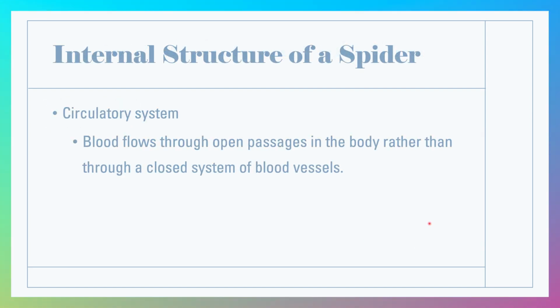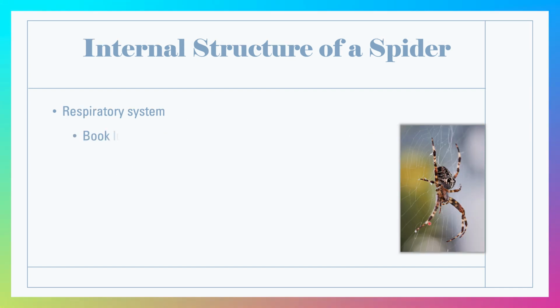The circulatory system: the blood flows through open passages in the body, as opposed to a closed system of blood vessels. And so the spider has a totally open circulatory system. The respiratory system, they have what is known as book lungs, and small openings where the air enters called spiracles.